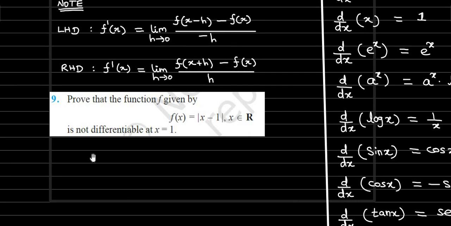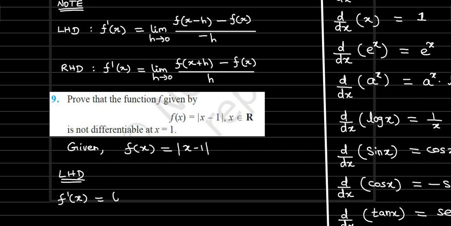What is the given function here? Given f of x is modulus of x minus 1. So let's find the left hand derivative first. What is the formula? f dash of x equal to limit h approaching 0, f of x minus h minus f of x by minus h.